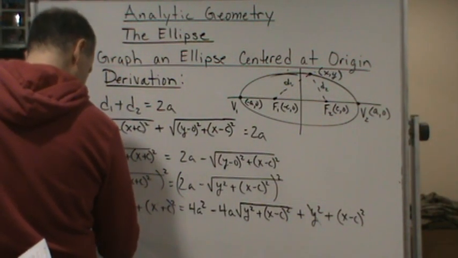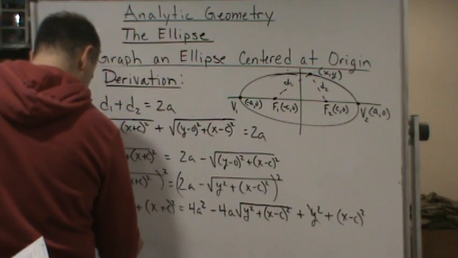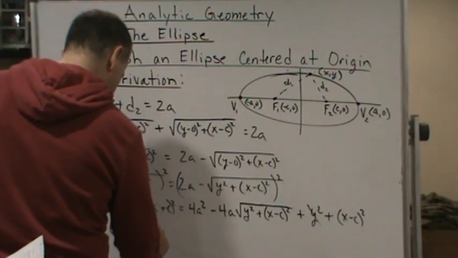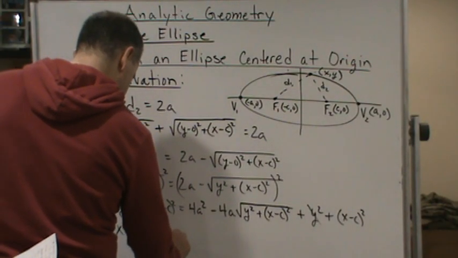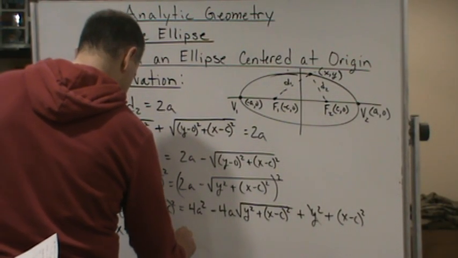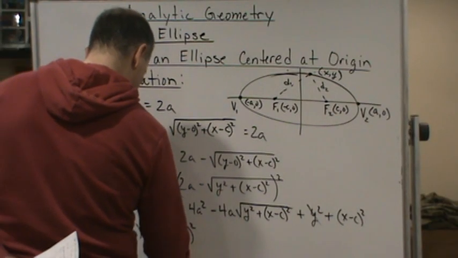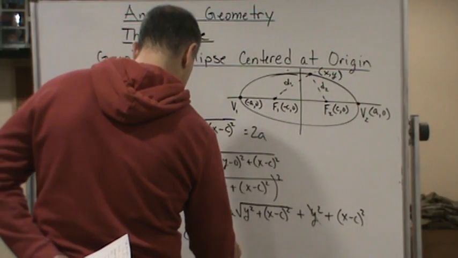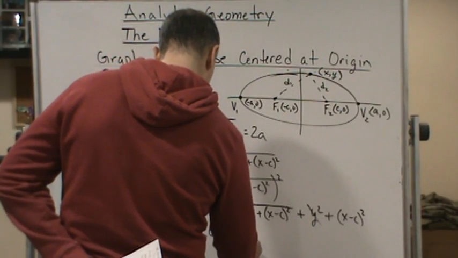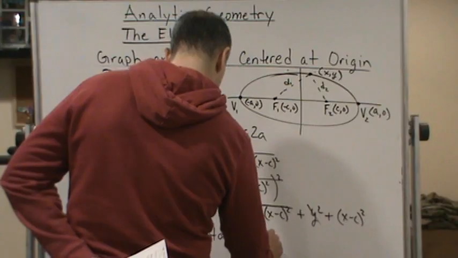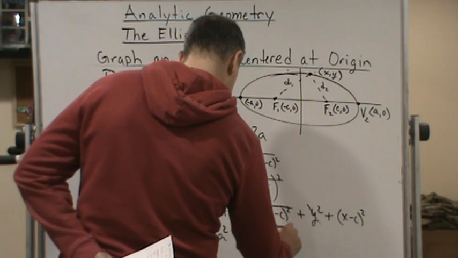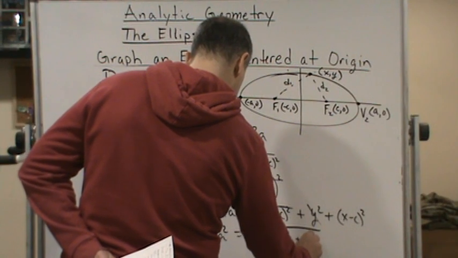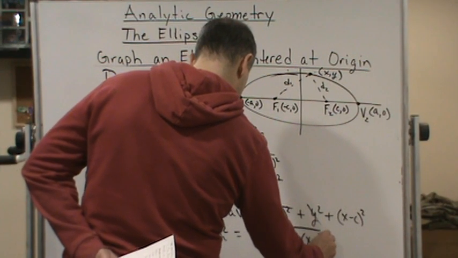So we'll have x plus c quantity squared minus x minus c quantity squared minus 4a squared equals negative 4a times the square root of y squared plus the quantity x minus c quantity squared.